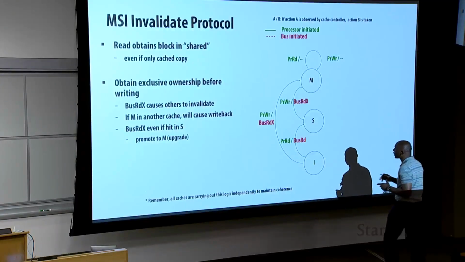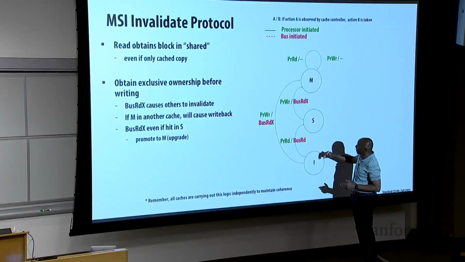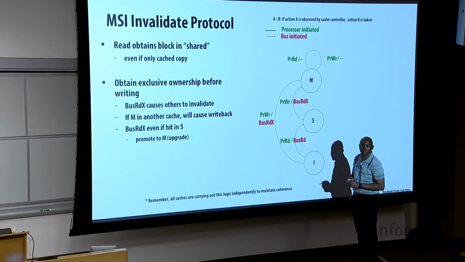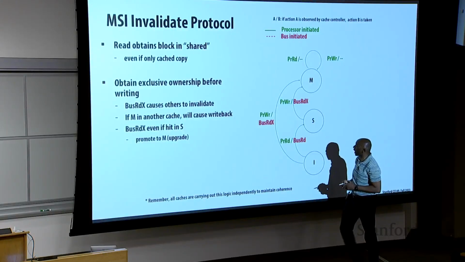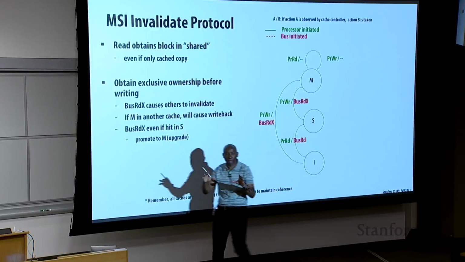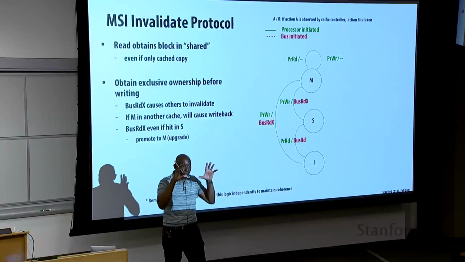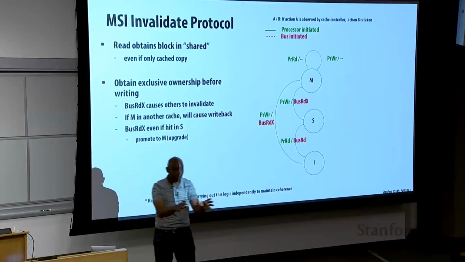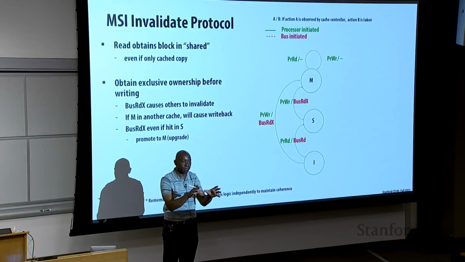Okay, so what happens if the cache line is invalid, and we issue a processor write? You go straight to modified. Okay, good.